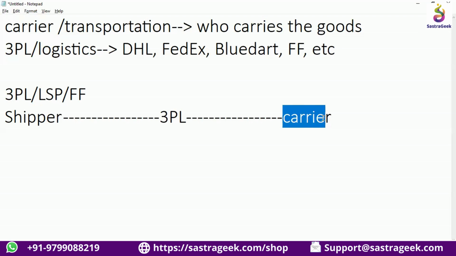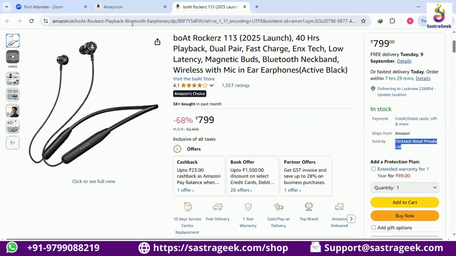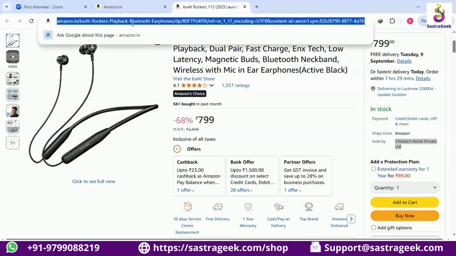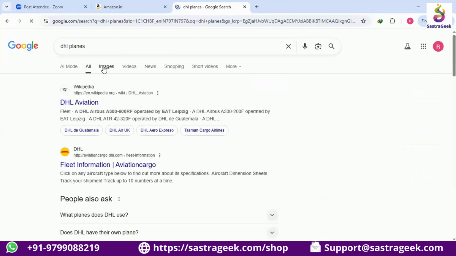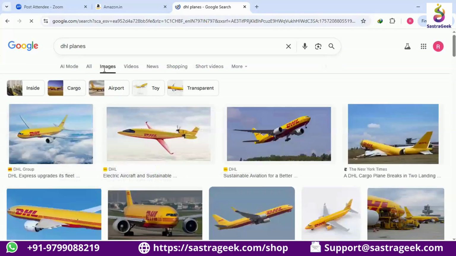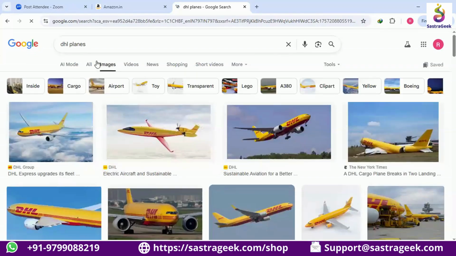Now this transition does not mean that DHL is a carrier, which most of us feel that way, because you might have seen DHL planes.